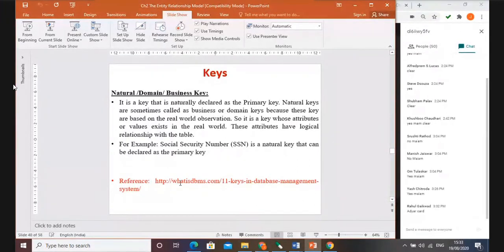This is the link from where I have taken the reference for all these keys, as well as for your previous subject part, that is super key, candidate key, primary and foreign key. I have referred to the book also along with this site. So any doubt any student is having, or shall we move ahead? Students, reply in chat.